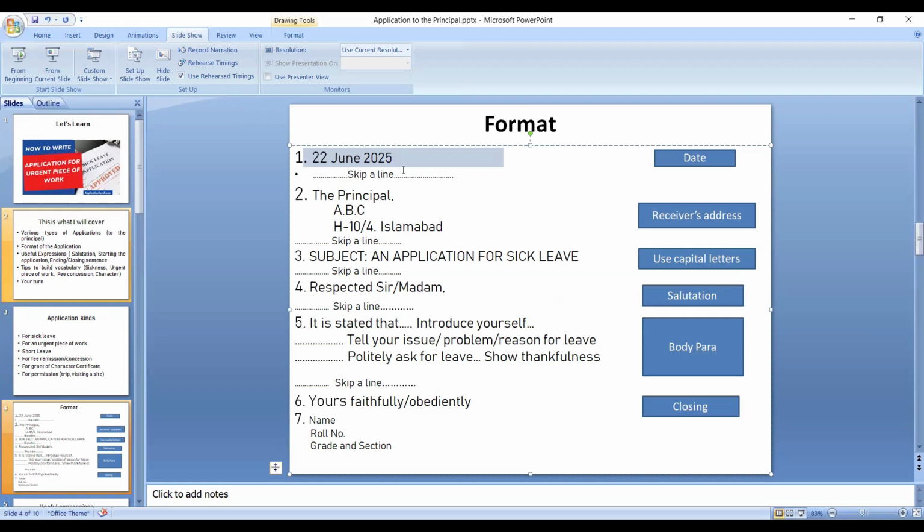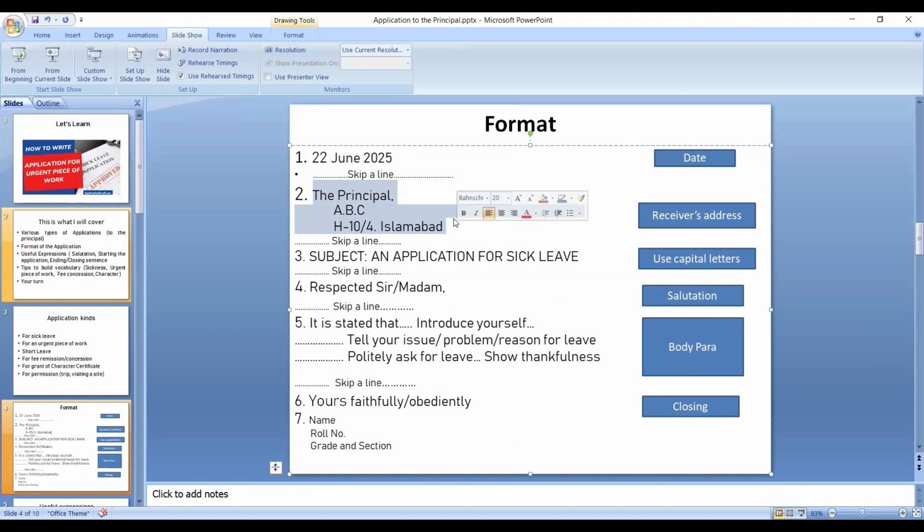Once you are done with the date line, you are to skip a line and move to the next part of the application, that is the receiver's address. This part answers the question word who.